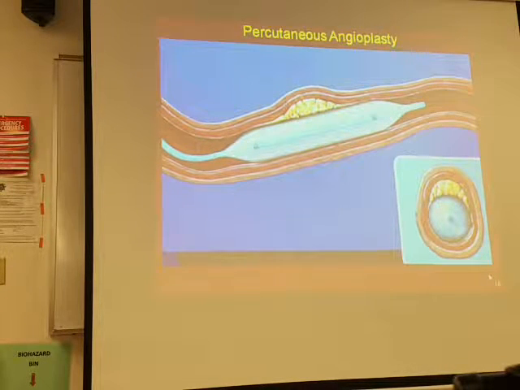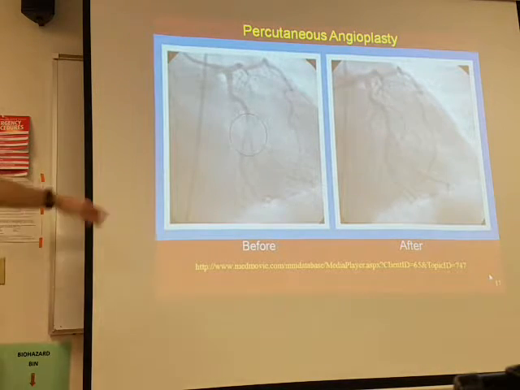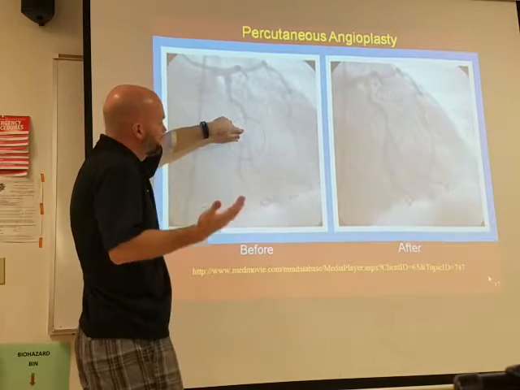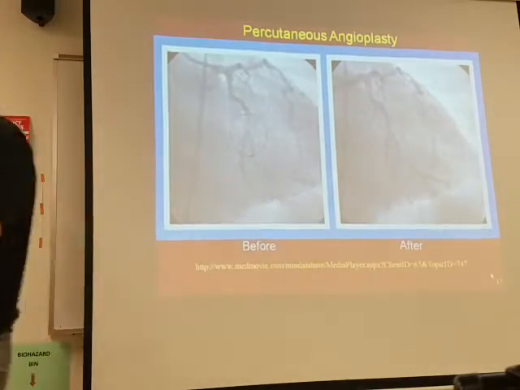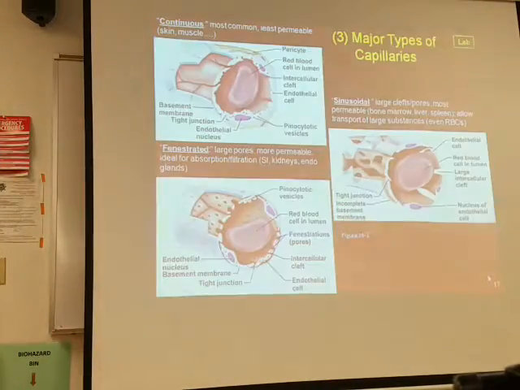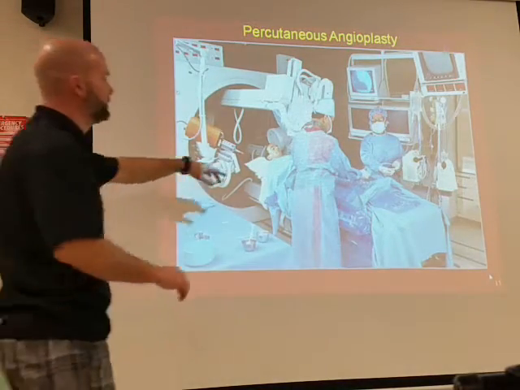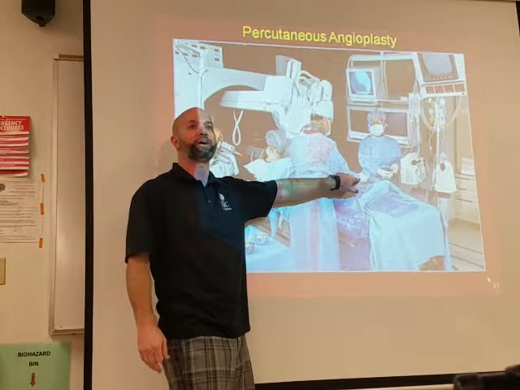Percutaneous angioplasty, because they're actually going through the skin, and they usually do it in the thigh. And here's the contrast, the dye again. It's not completely occluded. It's probably like 10%. And then here's restoration of normal flow. So here's where they put the guide wire through a very superficial vein in the thigh.